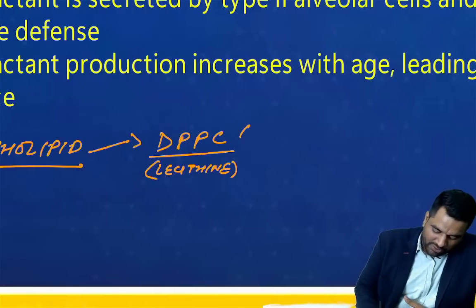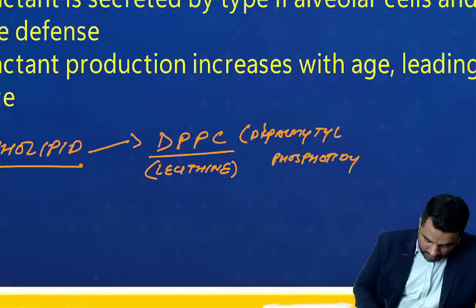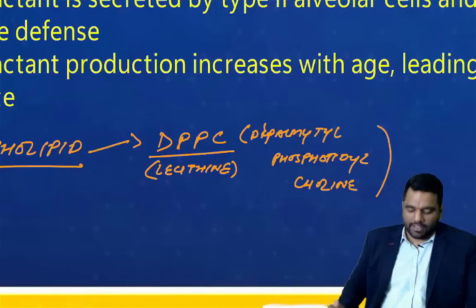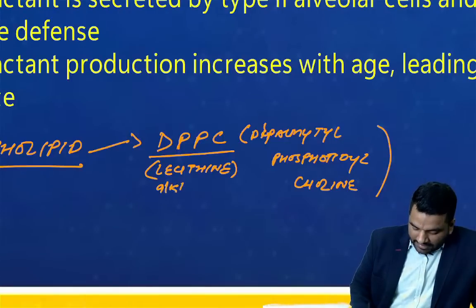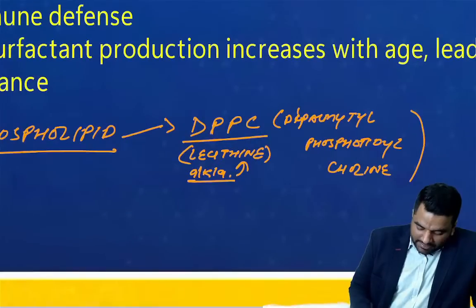Lecithin, or also called dipalmitoyl phosphatidyl choline. Dipalmitoyl phosphatidyl choline, which is also known as lecithin, right? So this is the major surfactant.